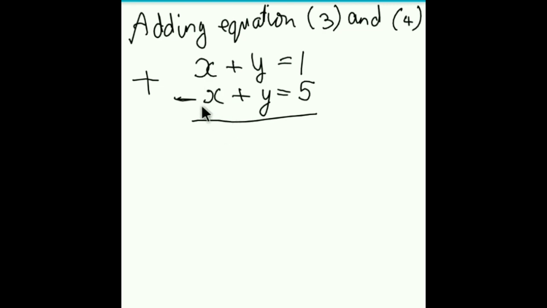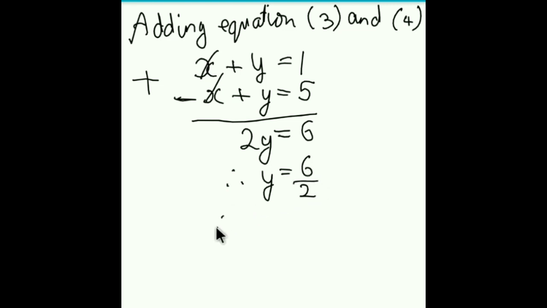So what we will get: x minus x will be 0, so these two terms will cancel out. y plus y will be plus 2y, and on the right, 1 plus 5 is 6. So 2y is equal to 6, therefore y equals 6 upon 2, which is 3.